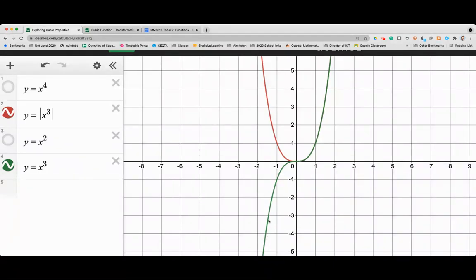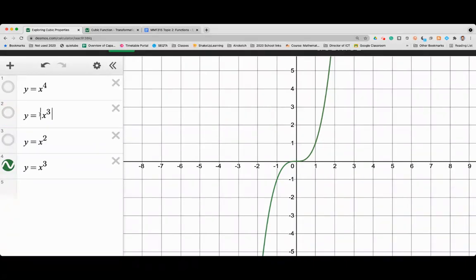They're all negative values of y instead. So for a cubic, the output values are all values as well, whereas for an x squared and a quadratic, it was just positive values and 0. So that makes the classic cubic shape.